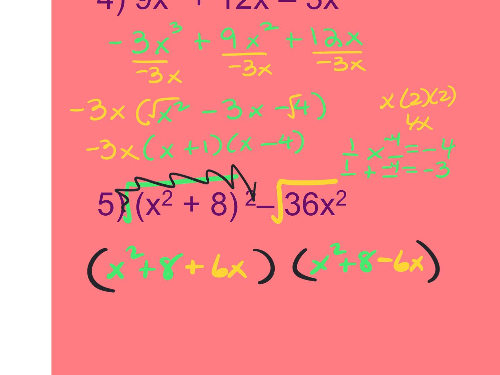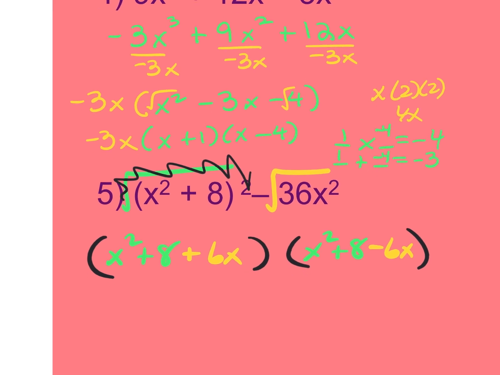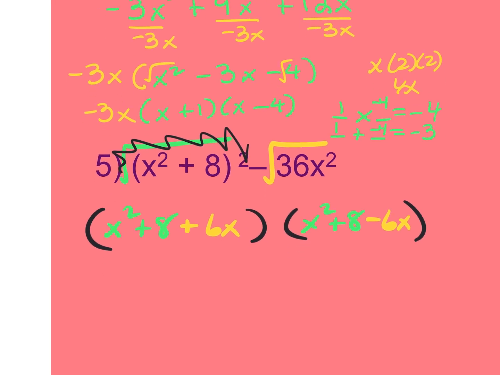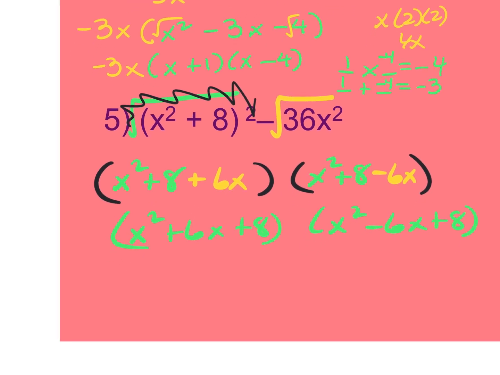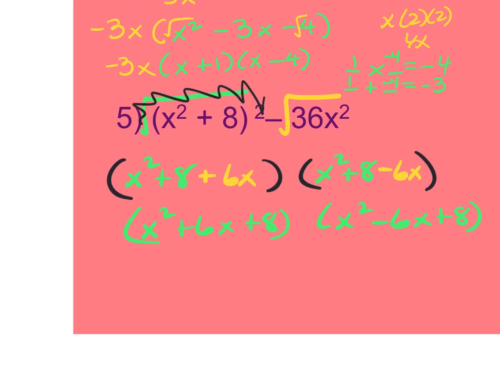I now need to write my trinomials in standard form to see if I can keep factoring. Once I put each one in standard form, I can use my traditional factoring technique.